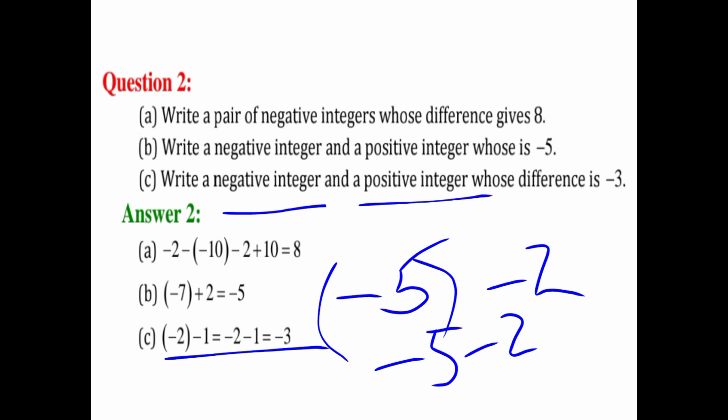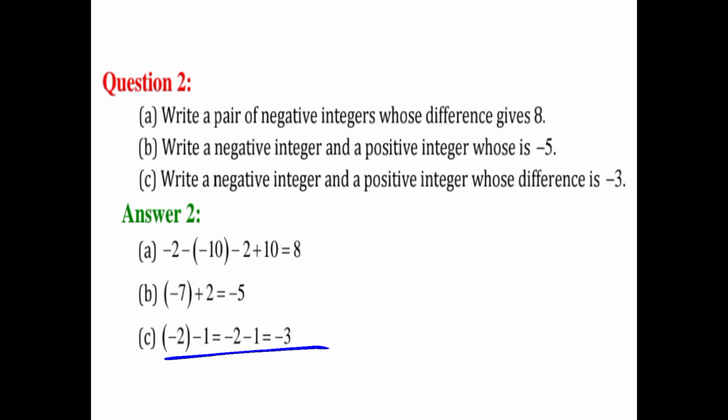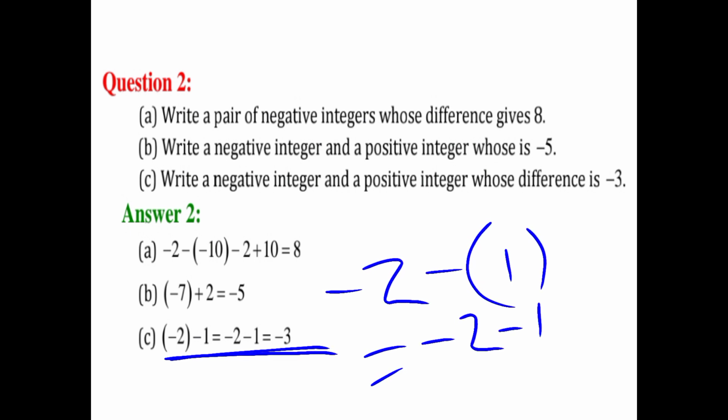We have to find a negative integer and a positive integer. This is the negative integer and then the positive integer. So it will give us -2 - 1, which is equal to -3.